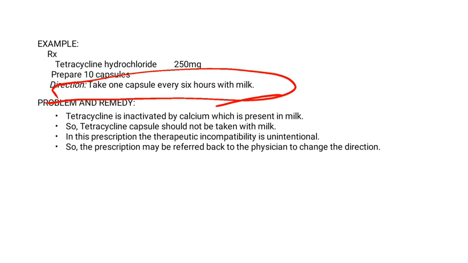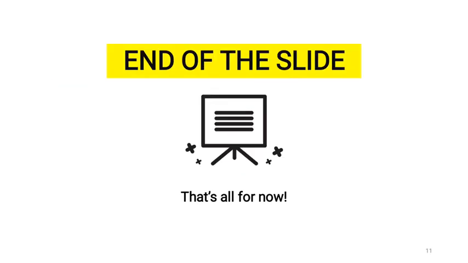So if we take tetracycline with milk, the action of the tetracycline gets inactivated. So tetracycline should not be taken with milk. So in this case, the therapeutic incompatibility is unintentional by the prescriber. Unintentional means unknowingly prescribed by the prescriber. So the prescription should be referred back to the physician. These are about the therapeutic incompatibility.